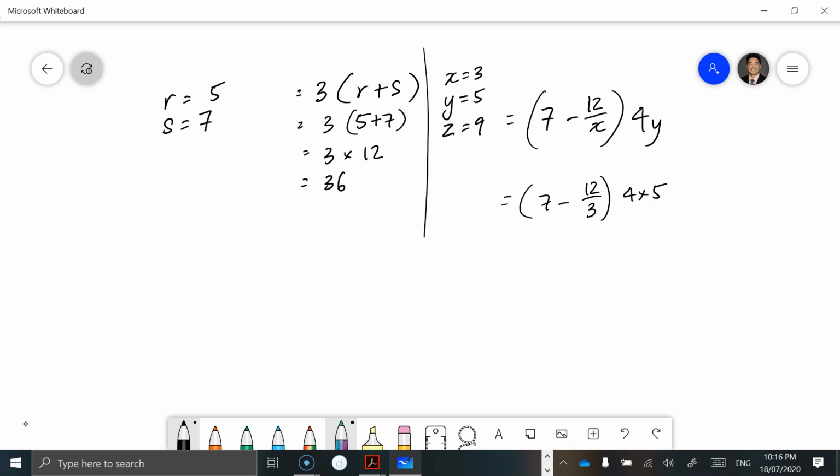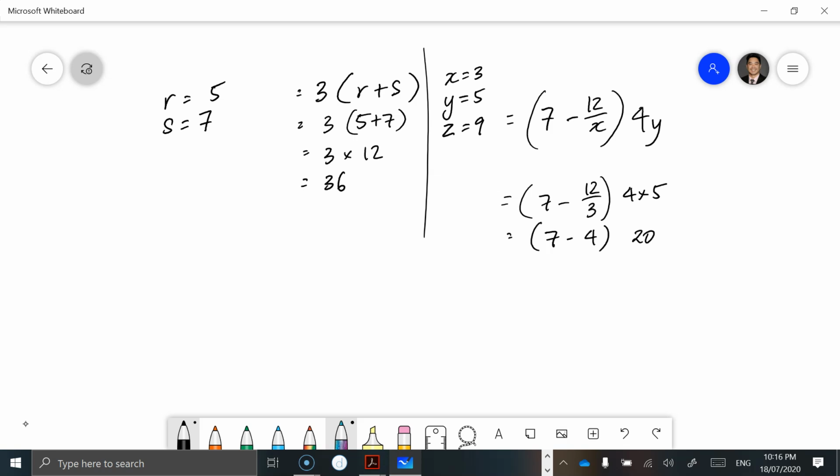What I would suggest is that you always take it step by step. Your working out should be quite methodical, neat and structured, so you can actually follow what's going on. 4 times 5 is 20, so this is where we simplify things. 12 divided by 3 is 4.